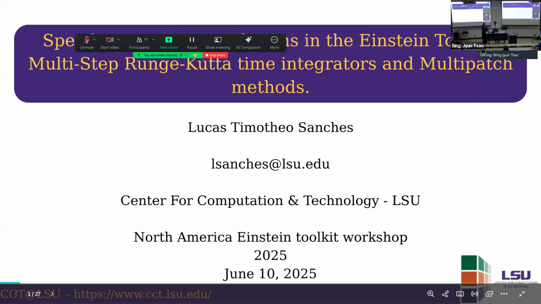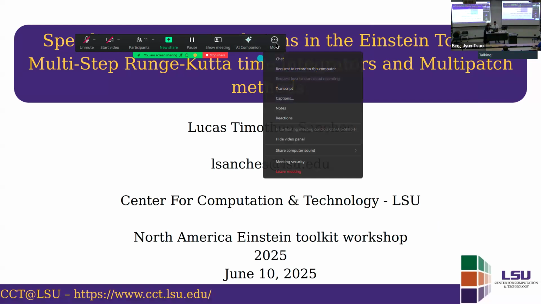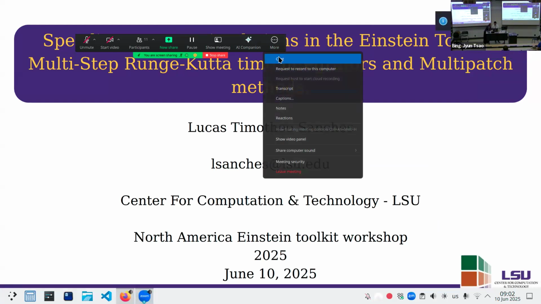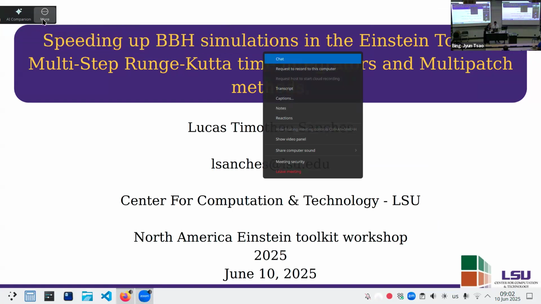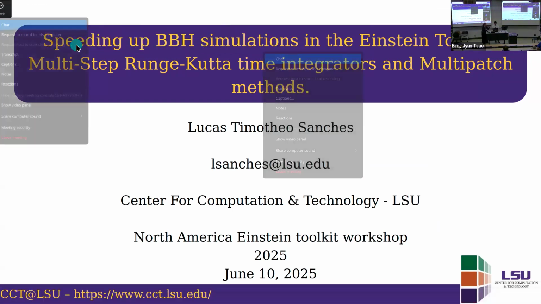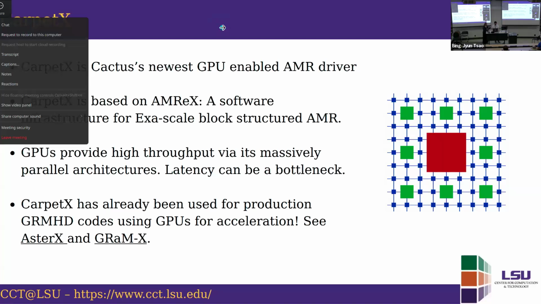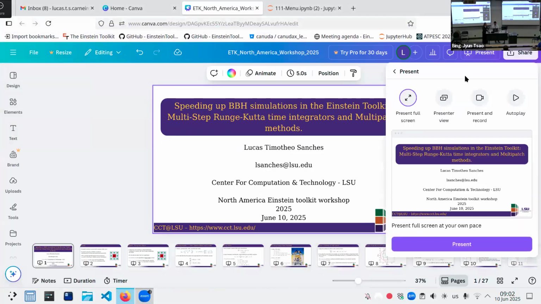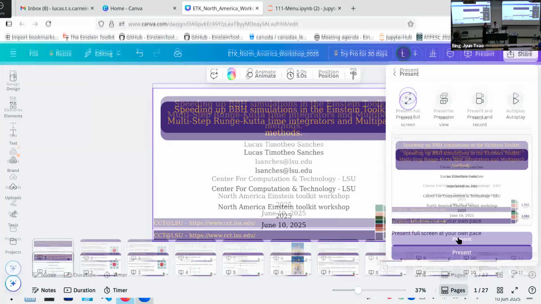You want to get rid of any of it. If you click here on the three dots, then hide video pin panel. And then typically this should also have a height. Oh, it doesn't have a height. Maybe I can just move it inside. Very good.